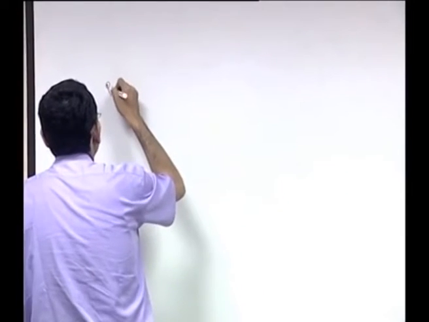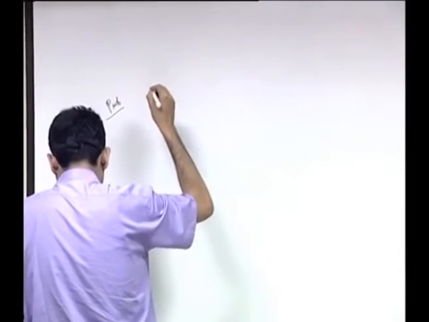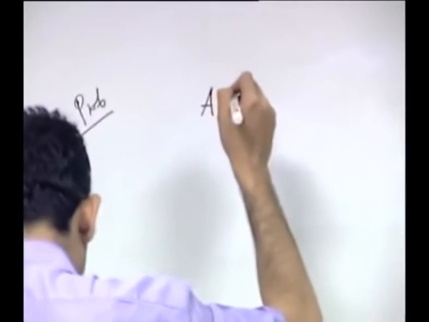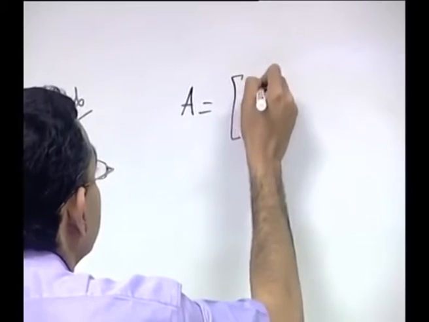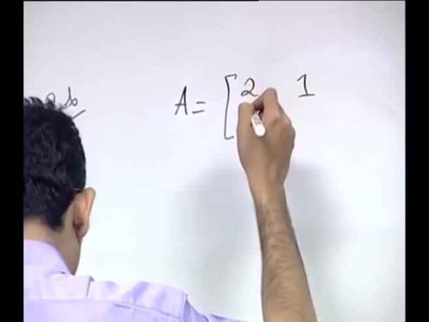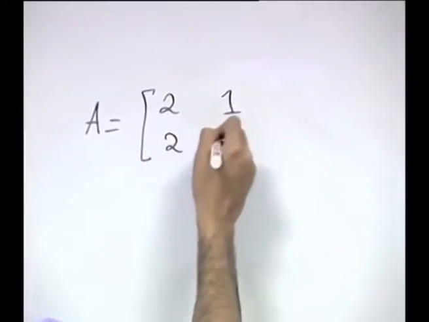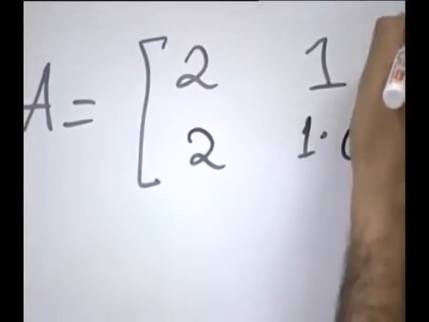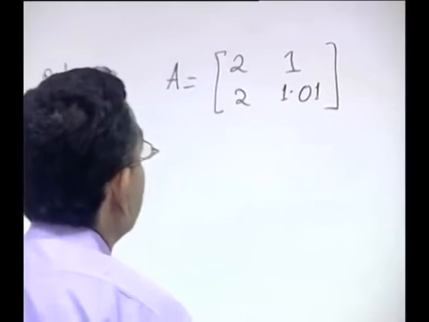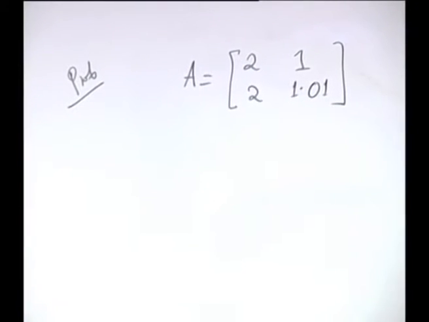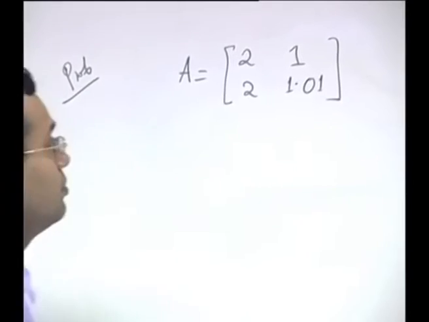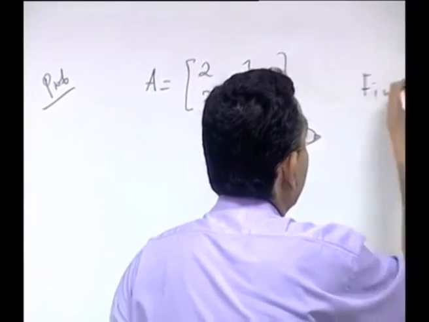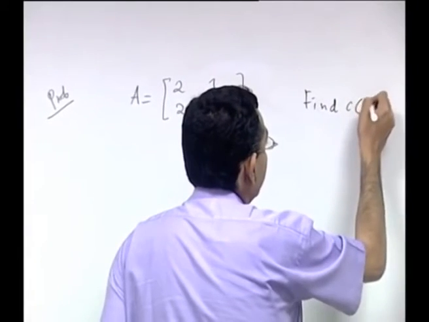So, the example is like this: you are given a coefficient matrix A. Find the condition number of A.